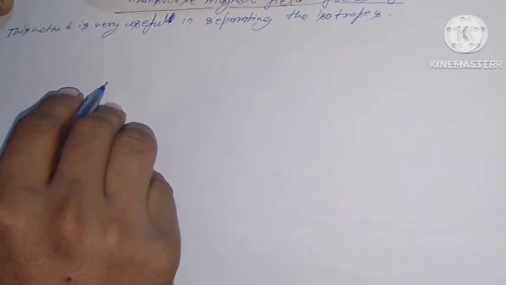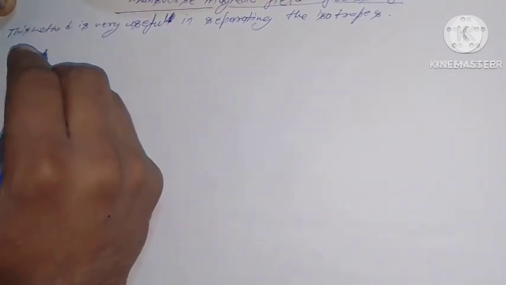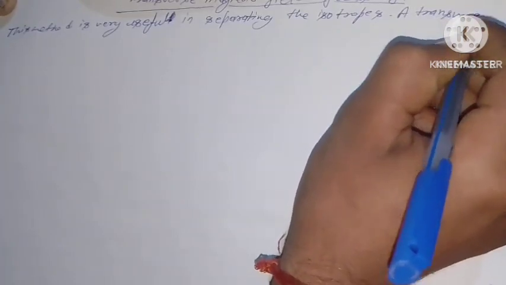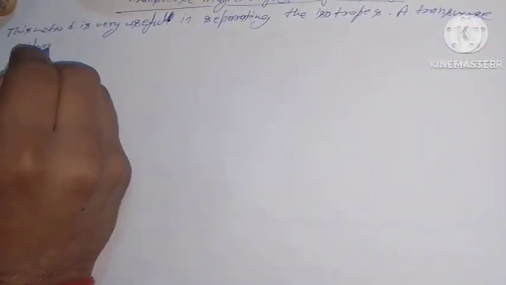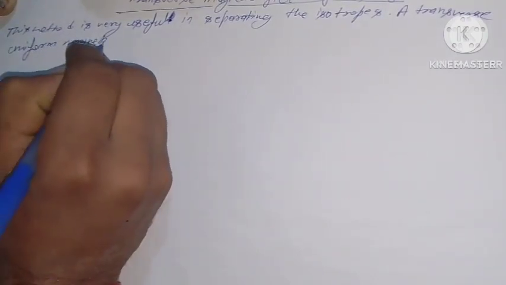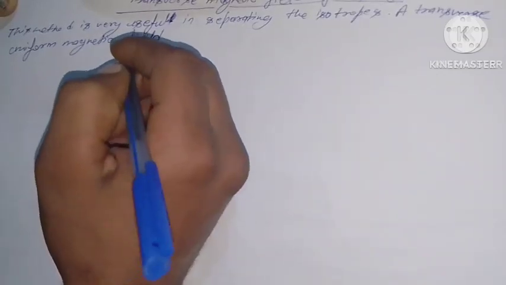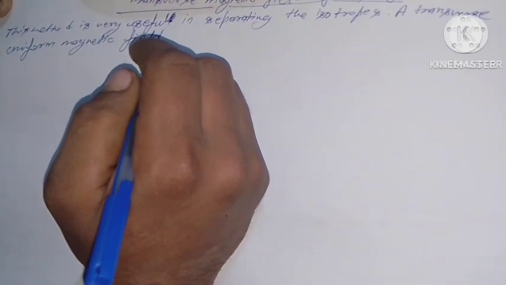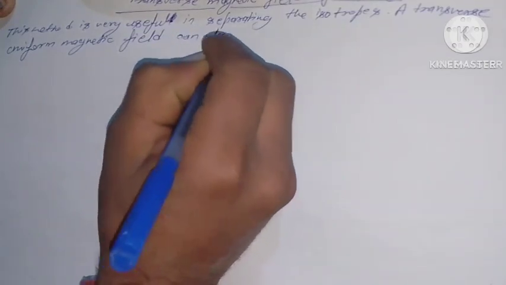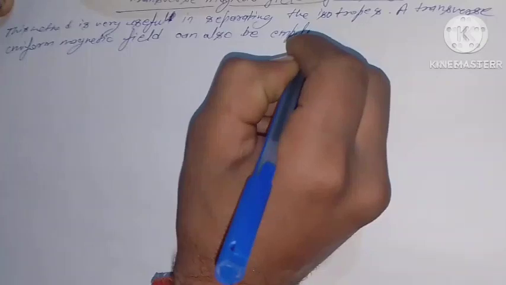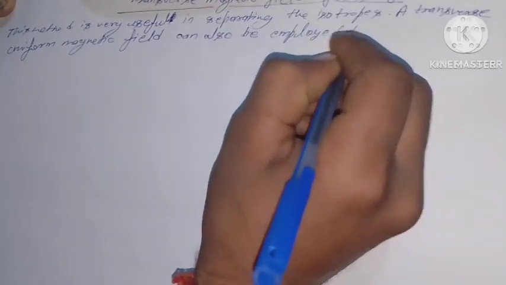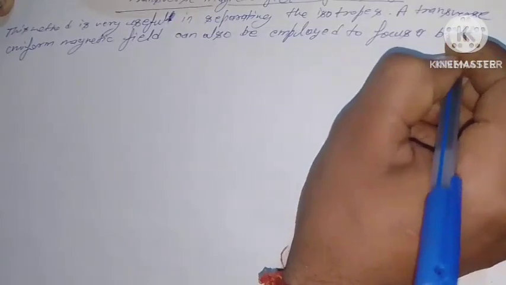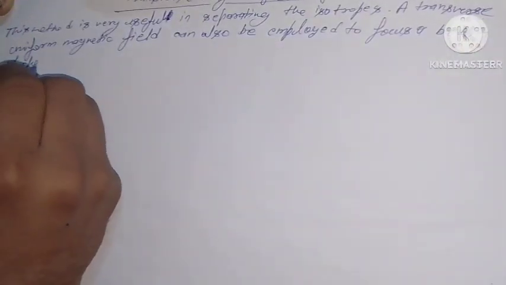The method of semicircular focusing, or transverse uniform magnetic field, can also be employed to focus a beam of charged particles.